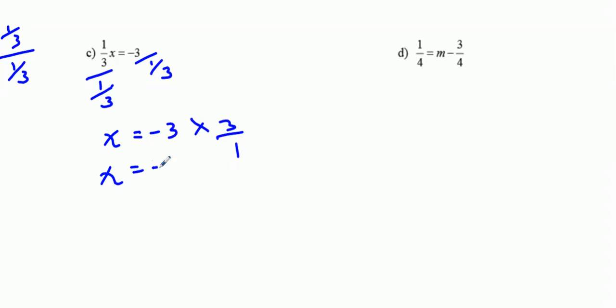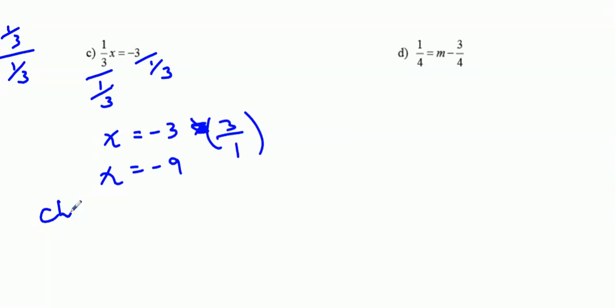So this is going to be x equals negative 9. I've showed it like this, but I really would prefer that you show it with a bracket instead of the times. But nonetheless, it's multiplication here because you've divided, and then to divide a fraction, you flip it and multiply. So x equals negative 9.